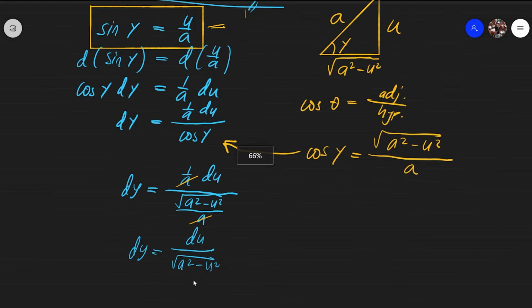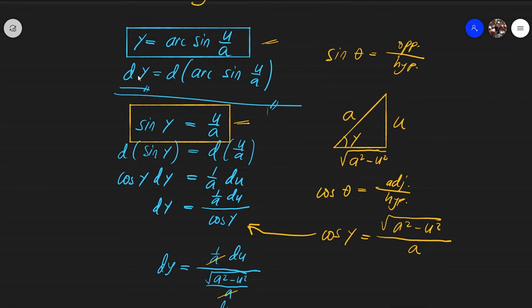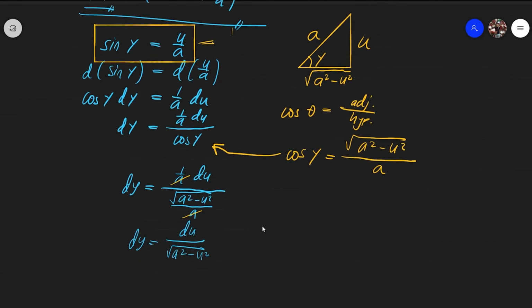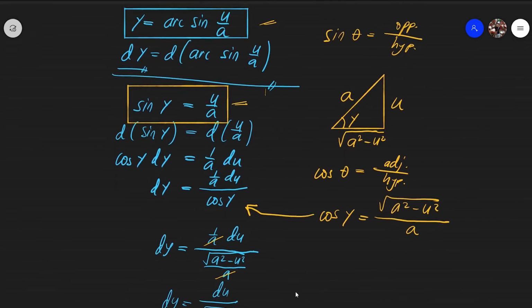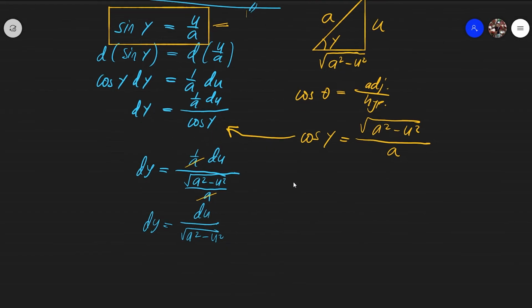As you can see, your value for dy is equal to du over the square root of a squared minus u squared. So nakuha na natin yung value ng dy.